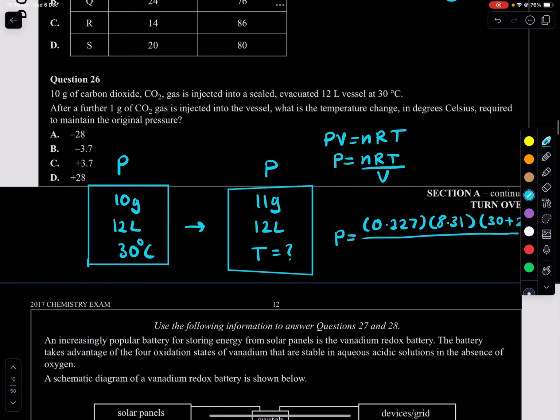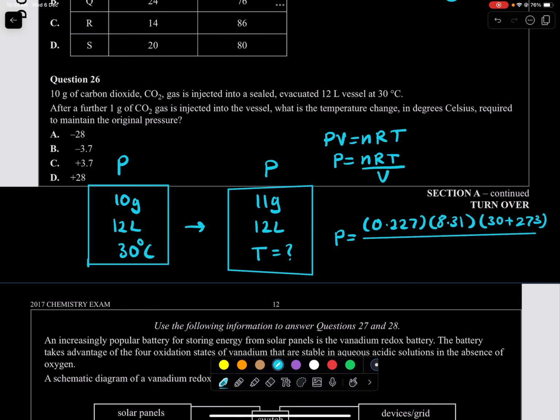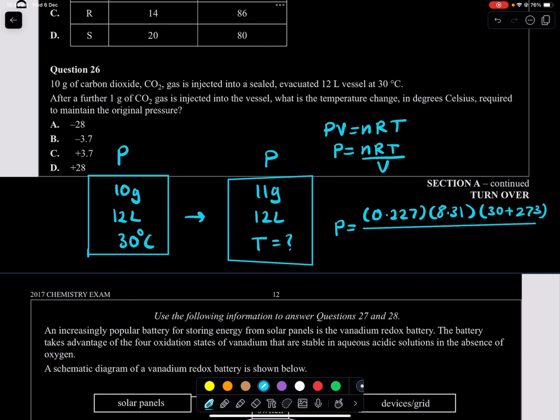And that's all going to be divided by the volume of the vessel, which is 12. What's our pressure? Let's calculate that now. 8.31 times 30 plus 273 divided by 12.